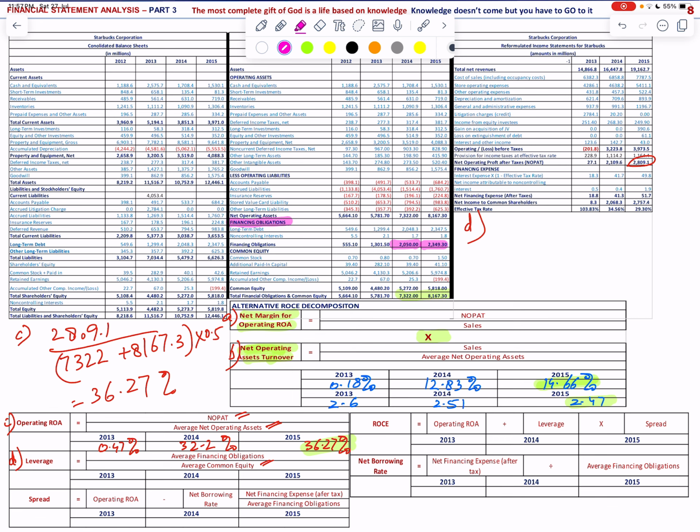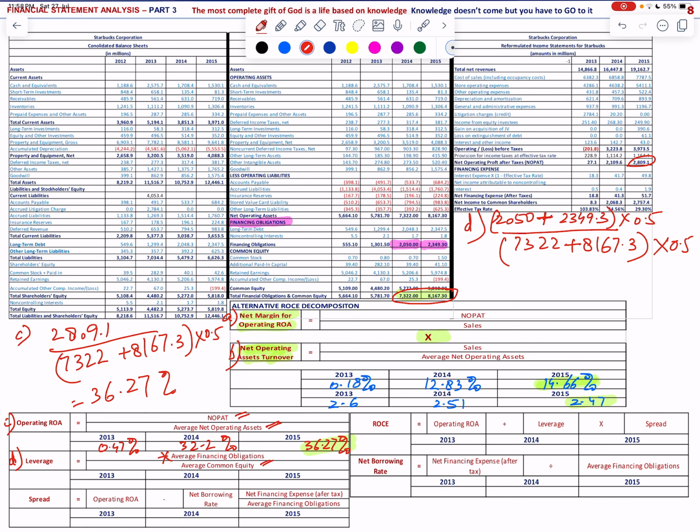So this is leverage, average financing obligations, that is 2050 plus 2349.3, and obviously this is average, so this will be multiplied by 0.5 as well, divided by average common equity, and the average common equity is 7322 plus 8167.3, and average, so that's why I multiply by 0.5 again.